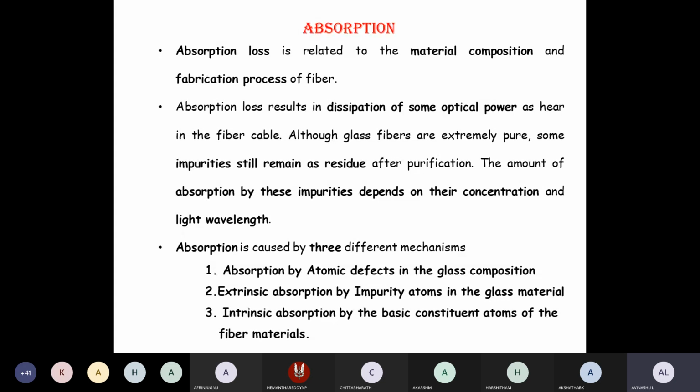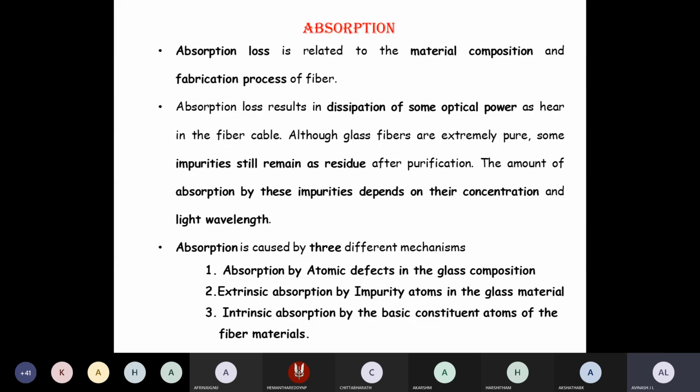Although the glass fibers are extremely pure, some impurities still remain as a residue after the purification process. Whatever material you take, you think it is in the purest form, but still while manufacturing, knowingly or unknowingly, some impurities will be present, as a property itself or else by man-made error.